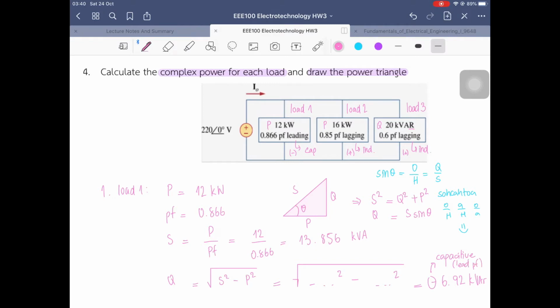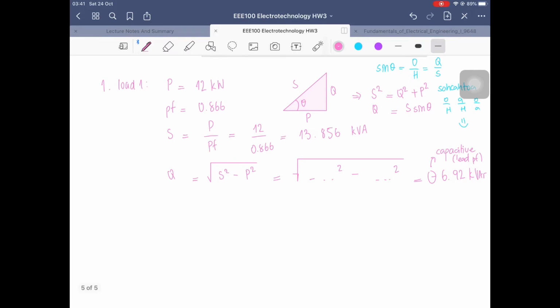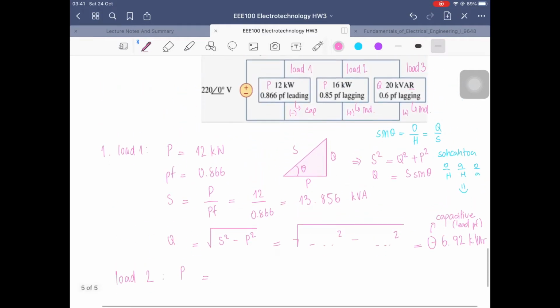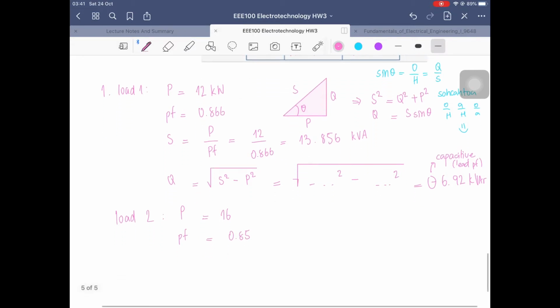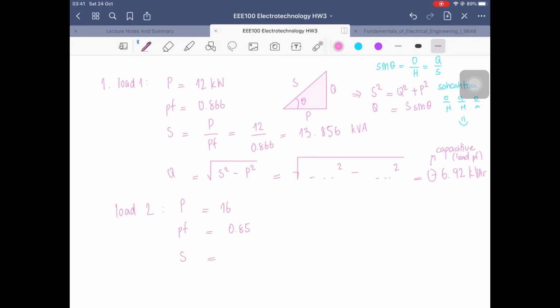Then we can move on to load number 2. Actually, for load number 1, we only had to find P, S, Q, and the PF of it. That's it. Then we can find load number 2. For load number 2, we have P, which is already written in the example, which is 16 kilowatts. Don't forget the unit, I forgot the unit already.